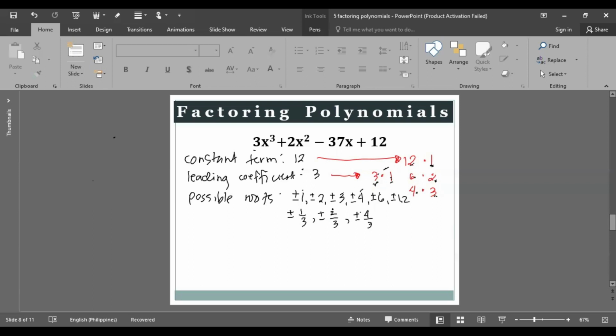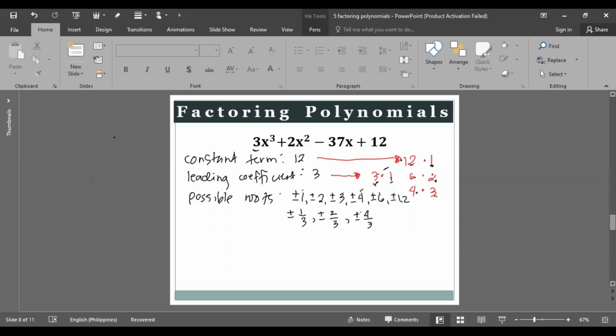Again, if the numerical coefficient of the leading term is not equal to 1, you will also consider the leading coefficient or the numerical coefficient of the leading term in writing the possible roots of that polynomial expression. Paano nga ulit?